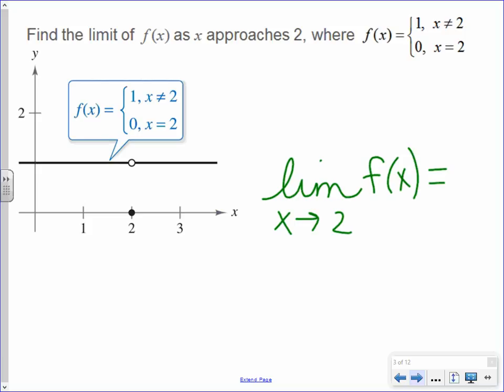So I'm going to talk about two different things here. Okay? First, I want to talk about the limit as x approaches 2. If we follow our curve and get closer and closer to x equals 2, what are our y values approaching? Josie?